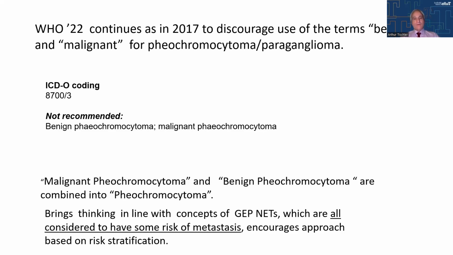They're all combined into pheochromocytoma in the new Blue Book. This brings thinking into line with concepts of gastroenteropancreatic NETs, which are all considered to have some risk of metastasis. And this approach encourages risk stratification rather than binary classification.